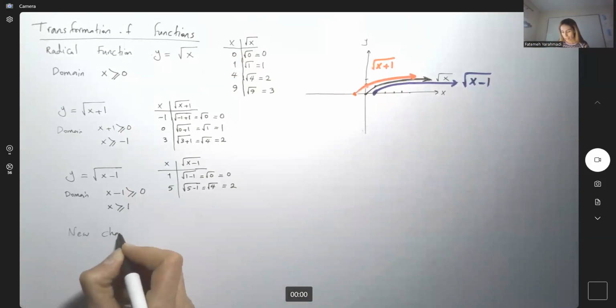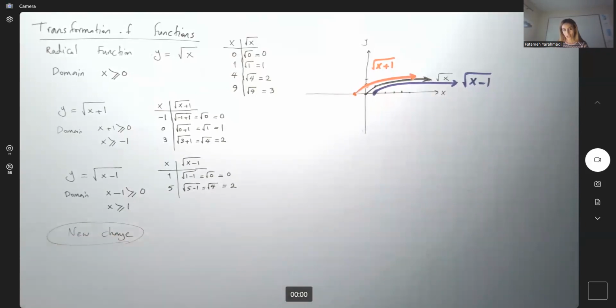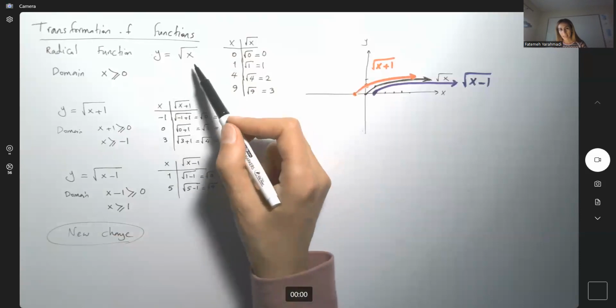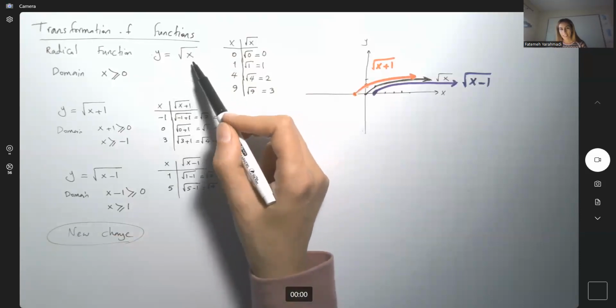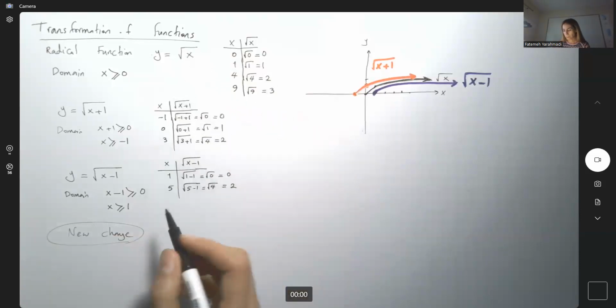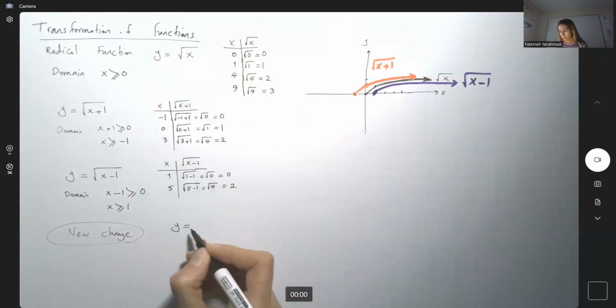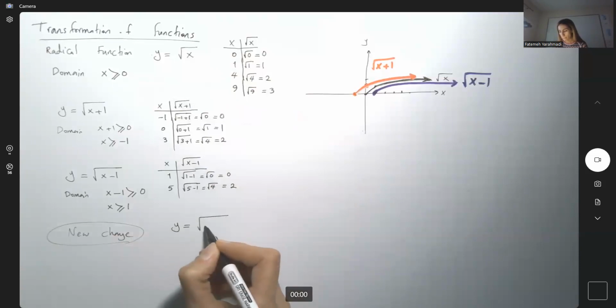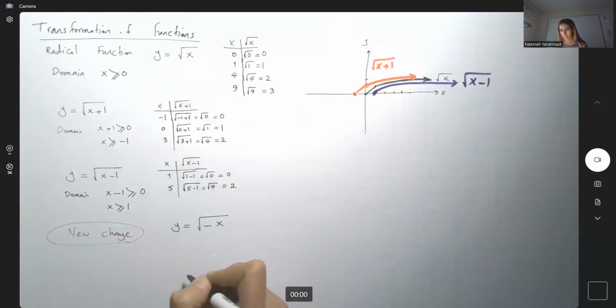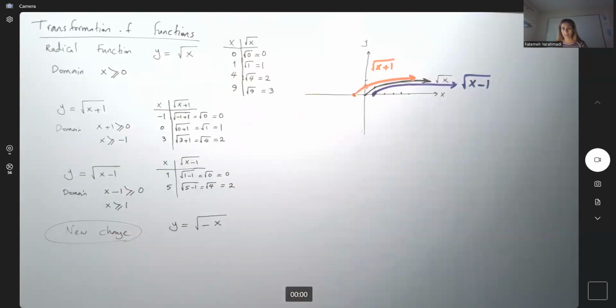New change. In this new change, I am going to multiply my x by a negative sign. y is equal to square root of minus x. See what happens here, guys.